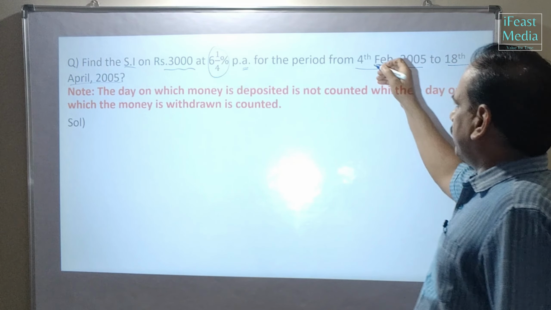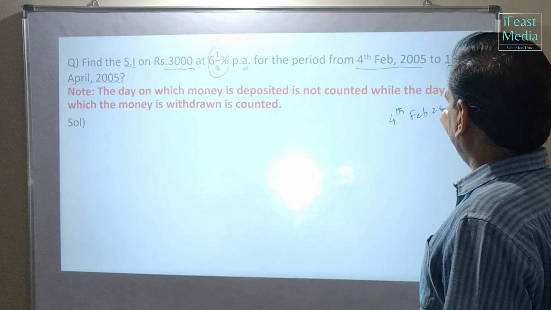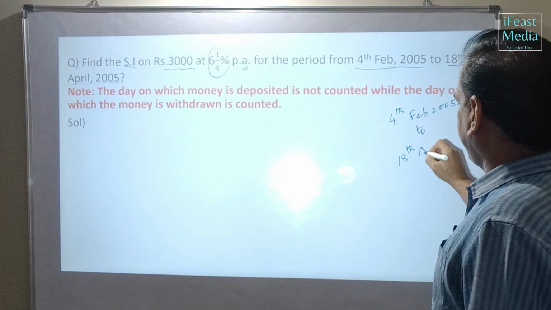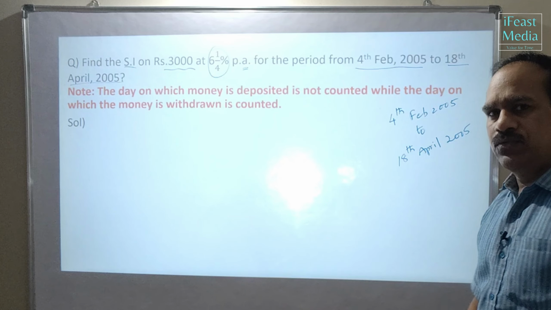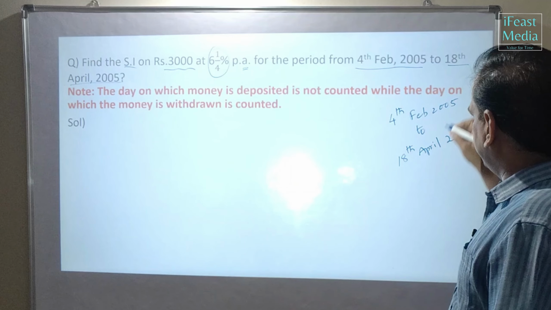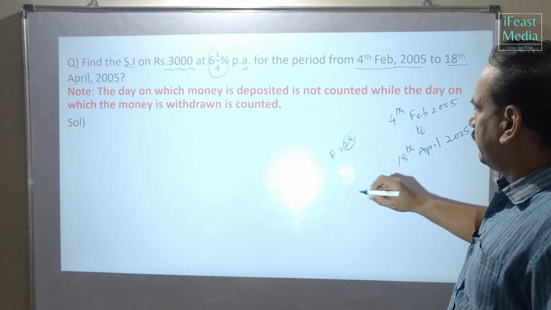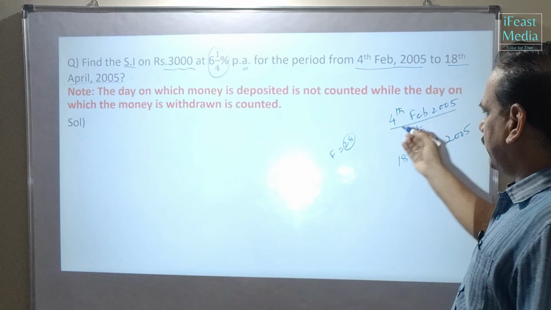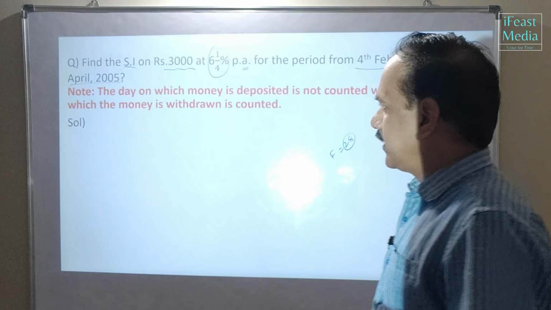We should count the number of days from 4th Feb 2005 to 18th April 2005. Here what is 2005? 2005 is not a leap year. So February has only 28 days, out of which from 4th we have to consider. That means we have to eliminate or exclude the first 3 days. But that is not the case here.